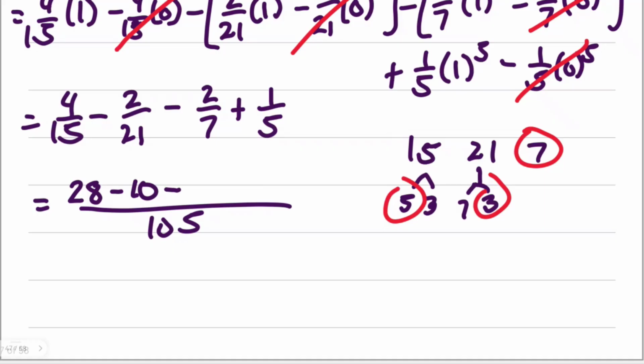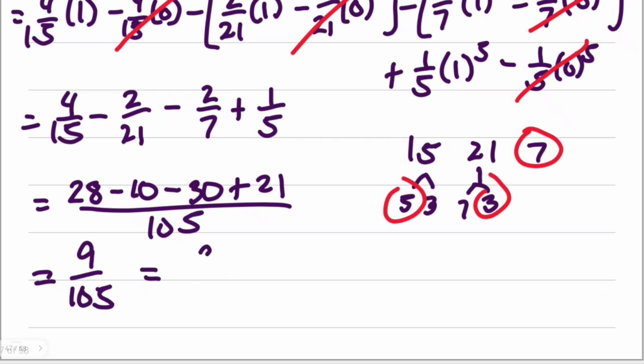So minus. 105 divided by 7 is 15 times 2 is 30. Okay, my bad. And 105 divided by 5 is 21 times 1 is 21. 28 minus 10 minus 30 plus 21, that's actually 9. So you have here 9 over 105, still divisible by 3.